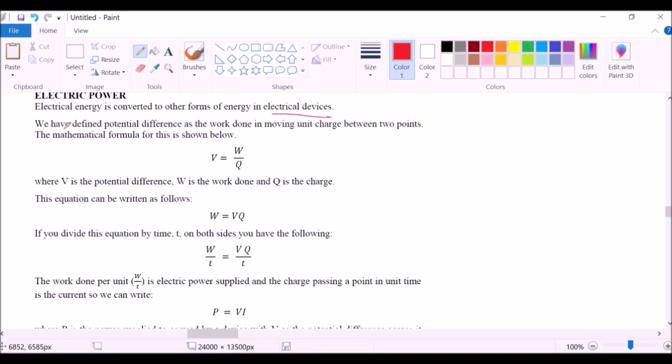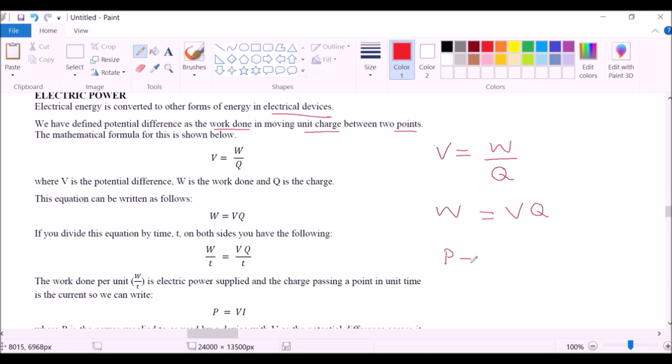From our definition, potential difference is the work done in moving a unit charge between 2 points. So, V, which is our potential difference, is work done per unit charge. We can rearrange this equation to have work done as the product of the potential difference and the charge.